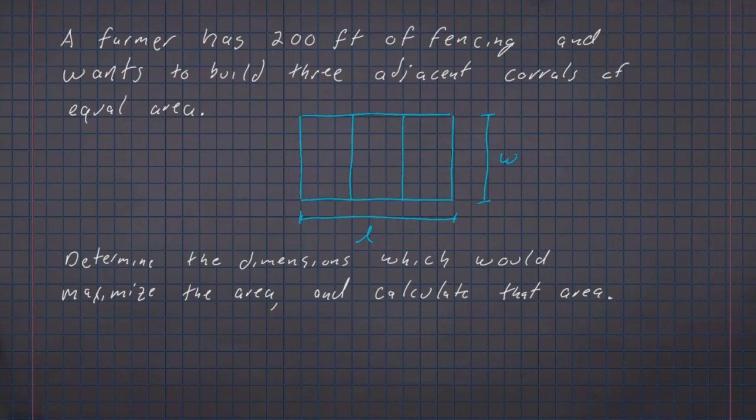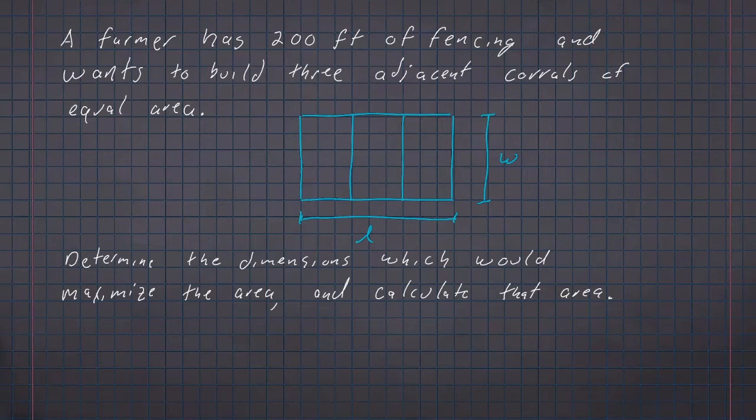All right. So in this situation, a farmer has 200 feet of fencing and wants to build 3 adjacent corrals of equal area. Here, a depiction to make sure you understand what's going on. We want to determine the dimensions, the length and width of this whole structure, which will maximize the area, and we want to calculate that area.